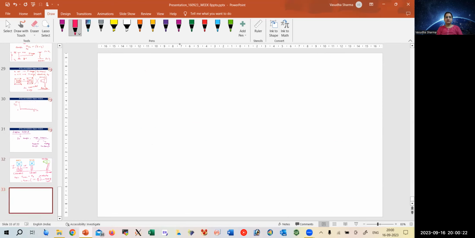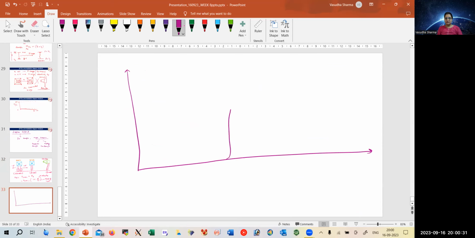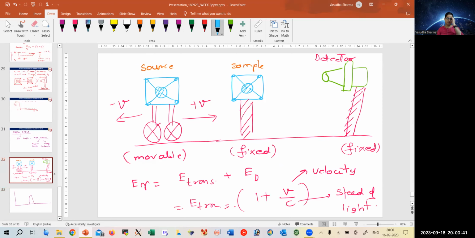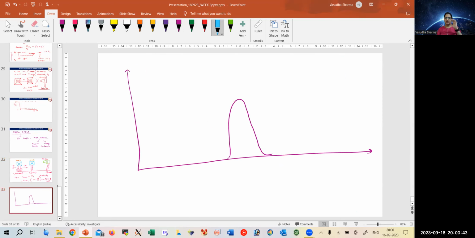So now we will understand this concept using the graph. Now, this is my sample. Earlier the source was very far apart, so they were totally absorbing. This was a scenario, I'm doing it with a dotted line.